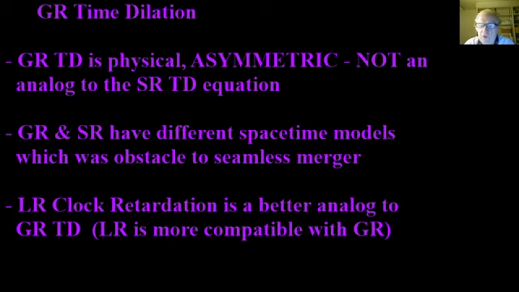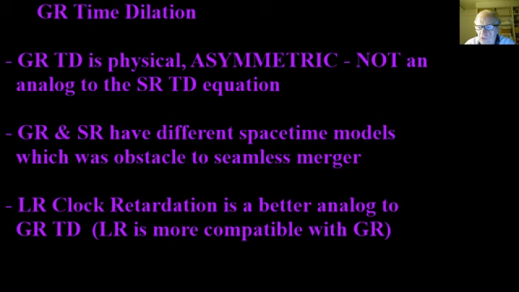And the real difference here is the difference between being asymmetric and the special relativity time dilation equation being inherently symmetric. Further, general relativity and special relativity have different space-time models. And this was a major obstacle for relativists trying to create a seamless merger between the two theories.